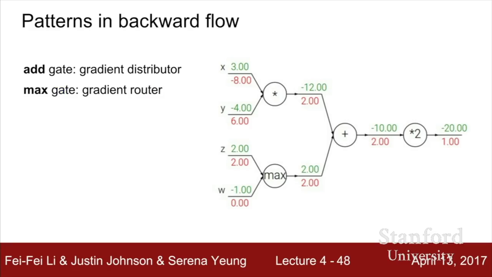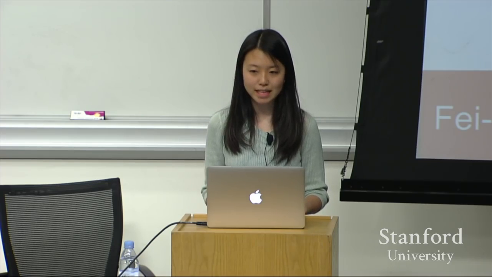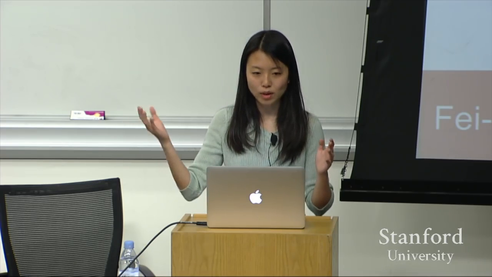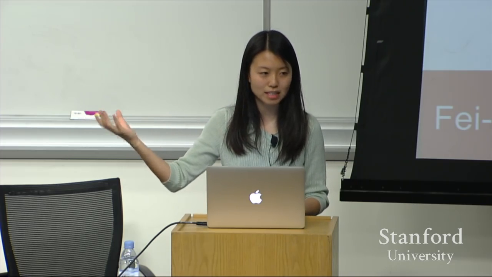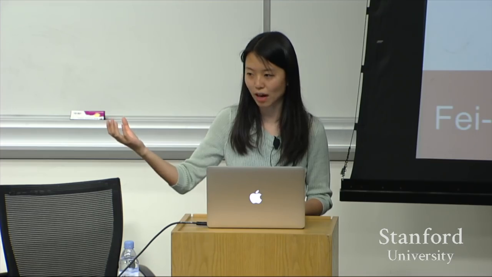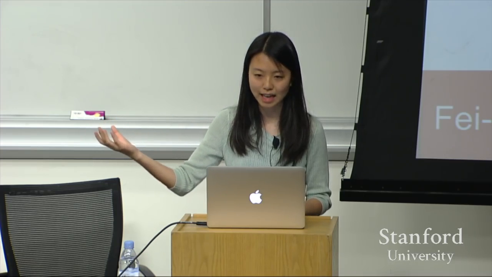Whereas the addition node passed back the same gradient to both branches coming in, the max gate will just take the gradient and route it to one of the branches. This makes sense because in our forward pass, only the value that was the maximum got passed down to the rest of the computational graph. It's the only value that actually affected our function computation at the end. So when we're passing our gradients back, we just want to flow it through that branch of the computation.